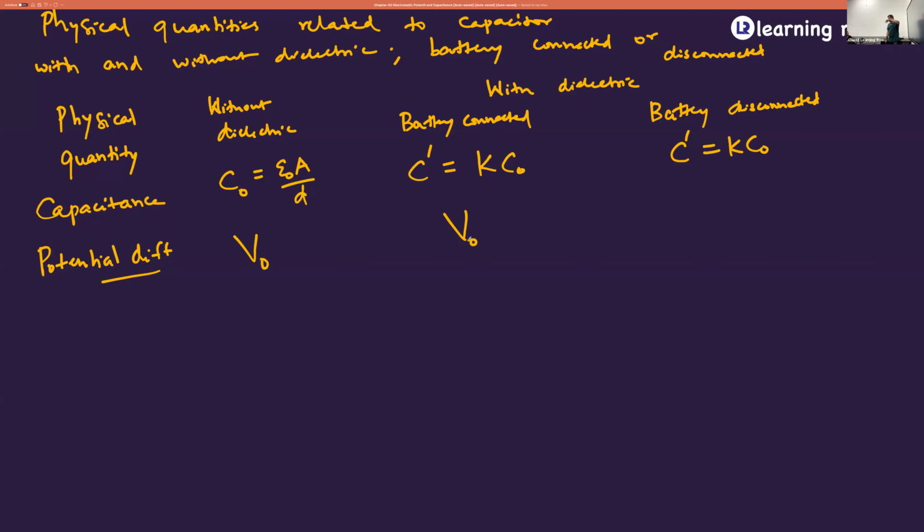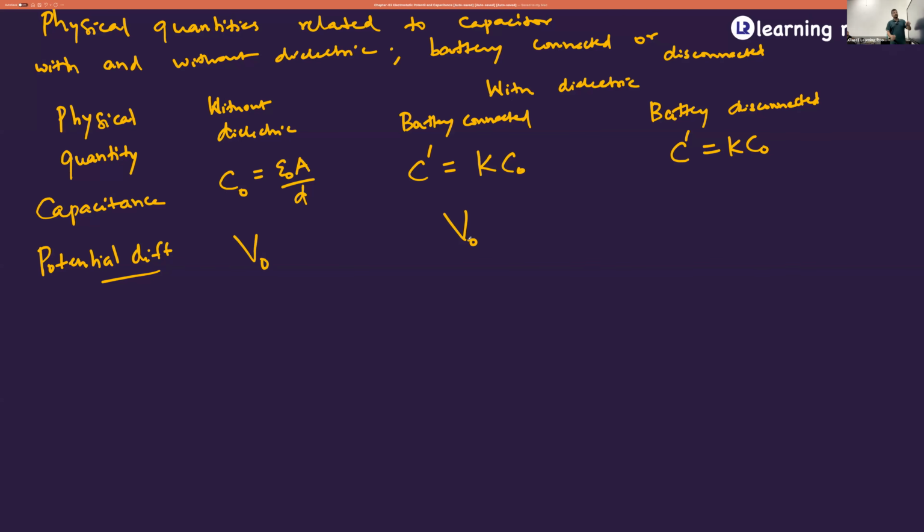Whereas when you insert a dielectric and disconnect the battery, the potential will fall by a factor of K. So it will decrease by a factor of K because the electric field will decrease. Am I clear with this? So these are the 2 points you need to remember. All other parameters can be derived from it.